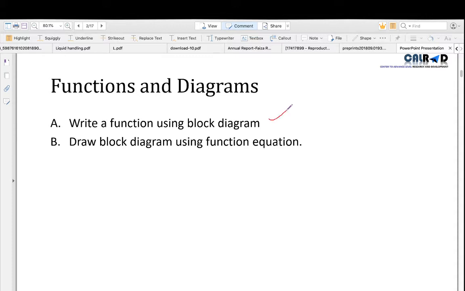The second thing we will study is how you can write a function equation by reading or by having a block diagram. So these will be the two things which we will cover in today's lecture.